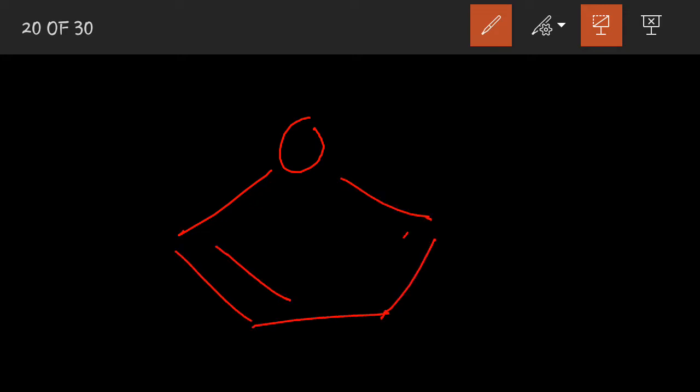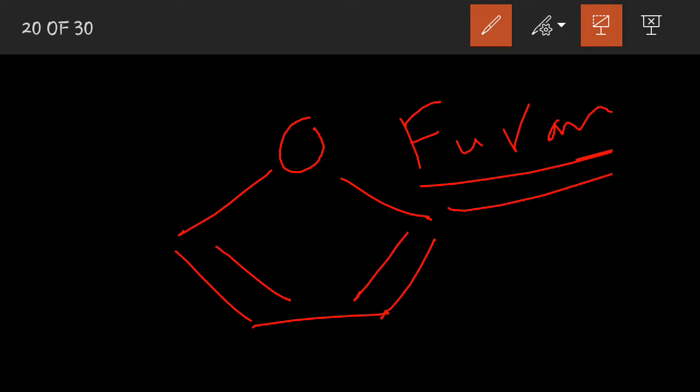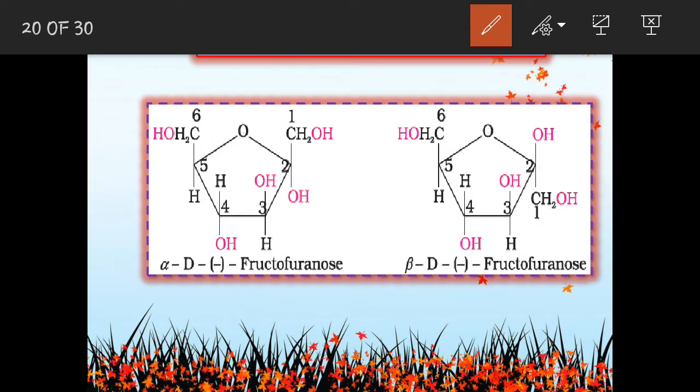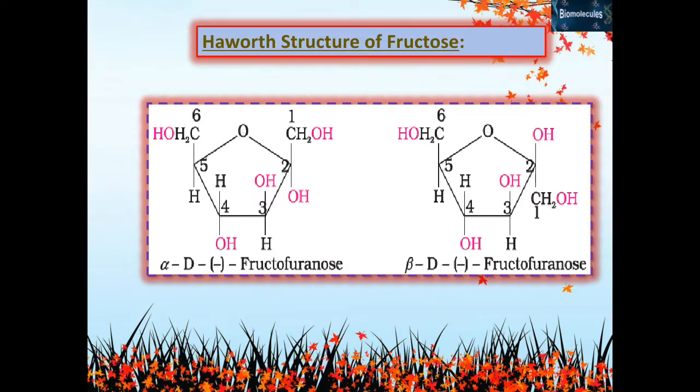We have another heterocyclic compound. Its structure is like this, a 5-membered ring where one member is oxygen. Its name is furan, a heterocyclic organic compound. Since the structure of fructose looks like this furan structure, it is called fructofuranose, a levorotatory compound.